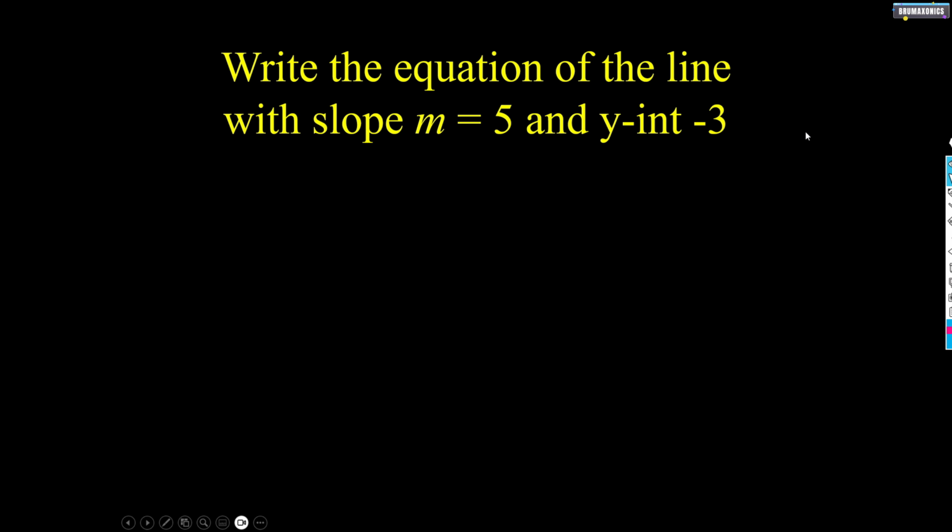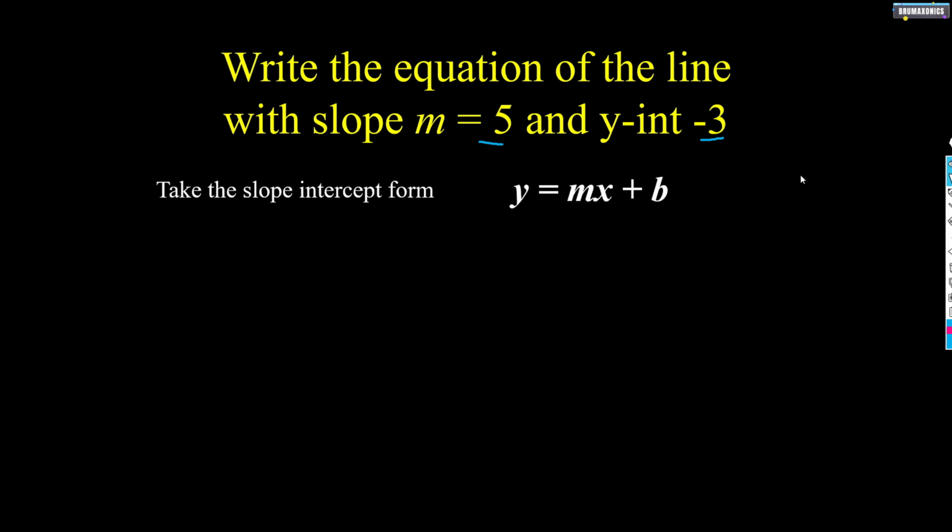So with that, you can solve this question here that says, write the equation of a line with the following slope, 5, and given the y-intercept, which is negative 3, right?